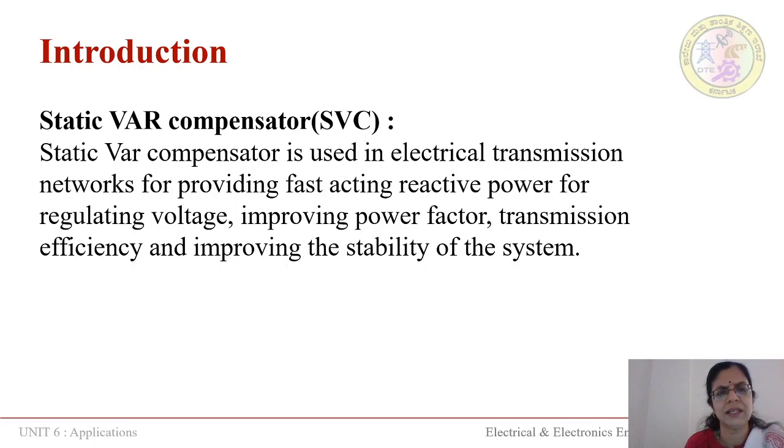It doesn't have any moving parts, static it is, and it is made using semiconductor devices. So a static power compensator is used in the electrical transmission network for providing, as we have said, reactive power for regulating the voltage, improving the power factor, improving the efficiency, and also improving the stability of the system.